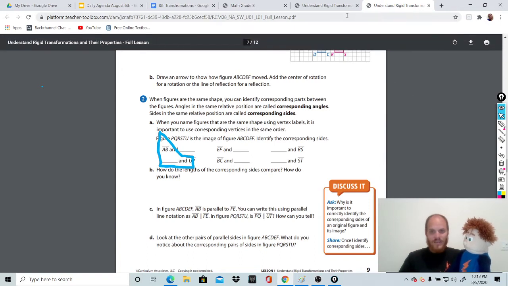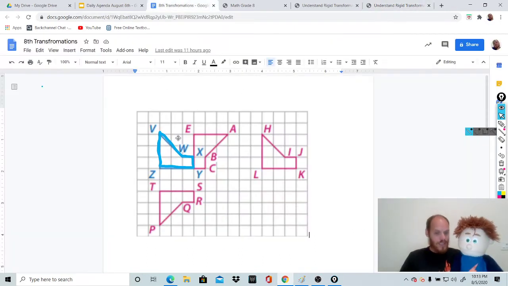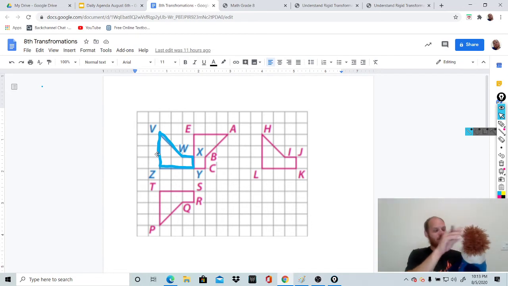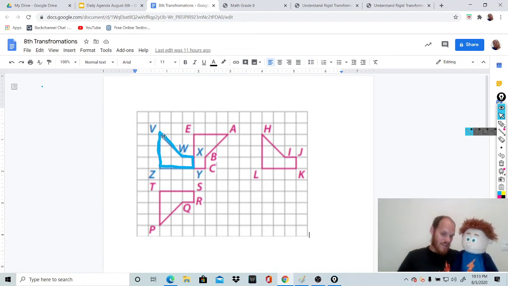Basically, if we go back to our picture, it wants to know what corresponds or what goes with this side. The reason we do this is we're trying to see if this shape is reflected, rotated, or just a translation by looking at its corresponding sides.